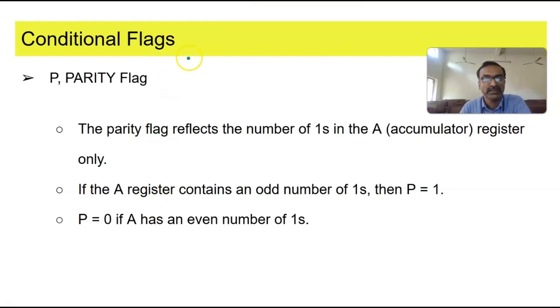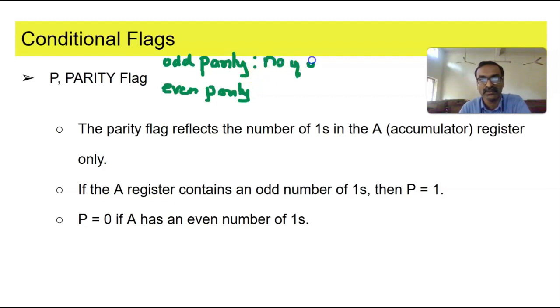The next one is the parity flag. In your logic design course you would have studied odd parity and even parity. Odd parity means the number of ones is odd, and even parity means the number of ones is even.